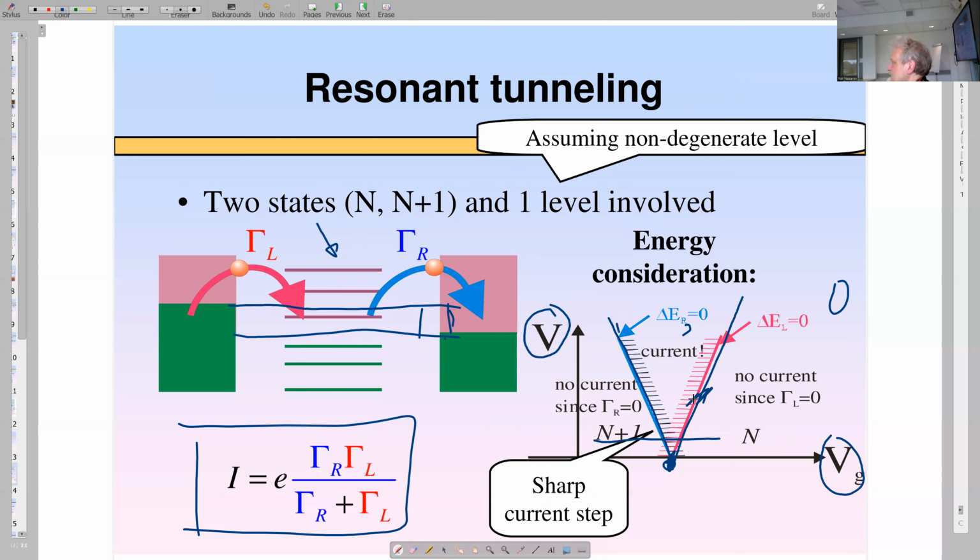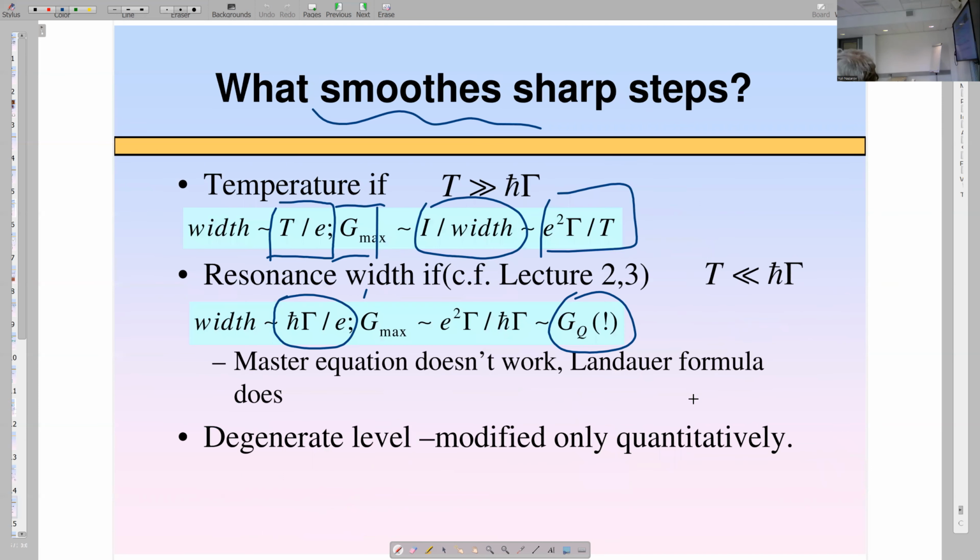We have found that if the transmissions of the barriers are very low, there's still a chance to get transmission of the order of one conductance quantum. There was a resonance.